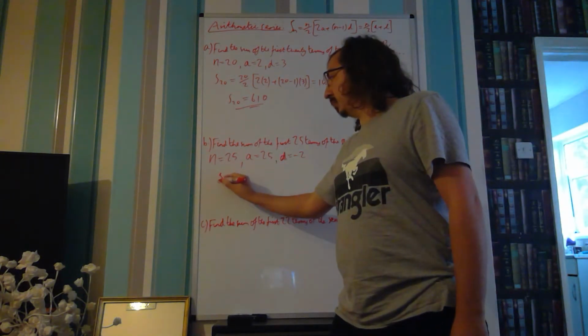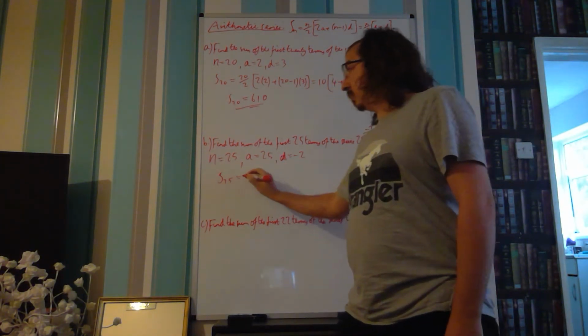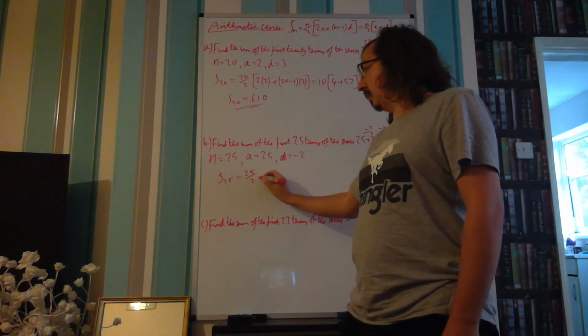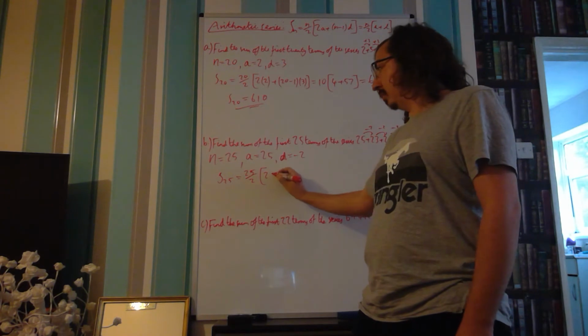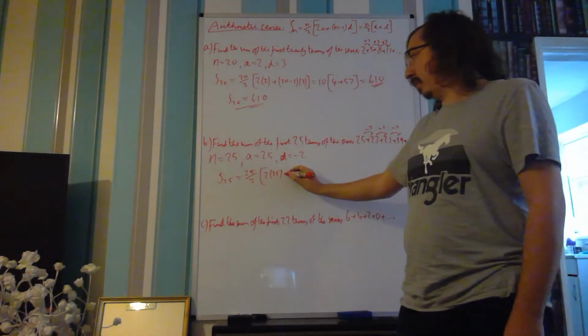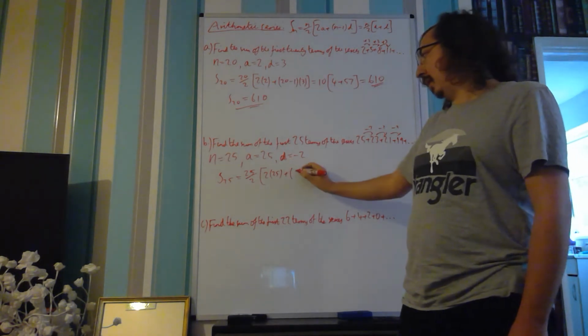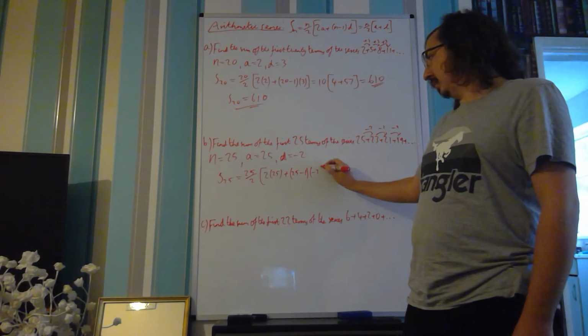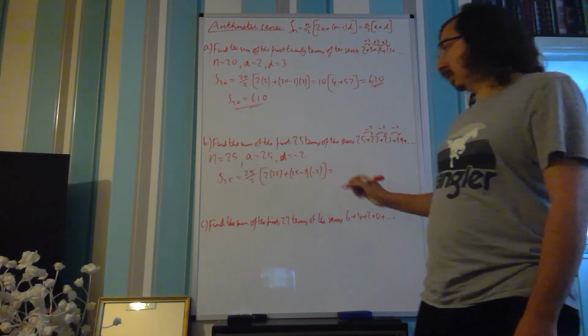So then we can substitute them into the formula. So the sum of the first 25 terms is equal to 25 over 2 times 2 times our a, which is 25, plus our n, so 25 minus 1 times our d, which is minus 2.